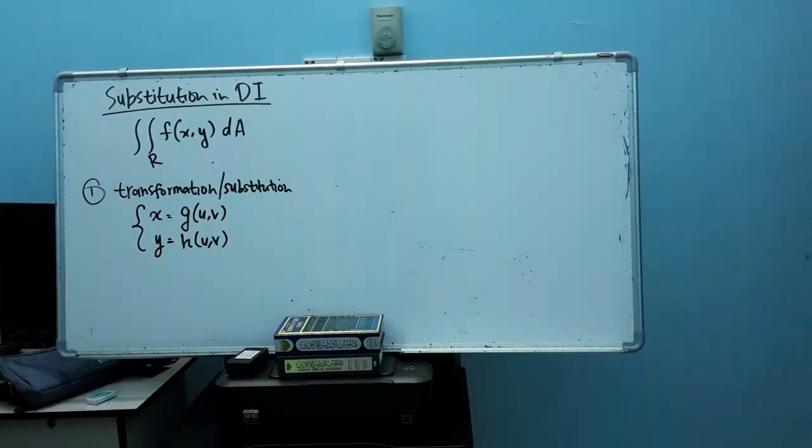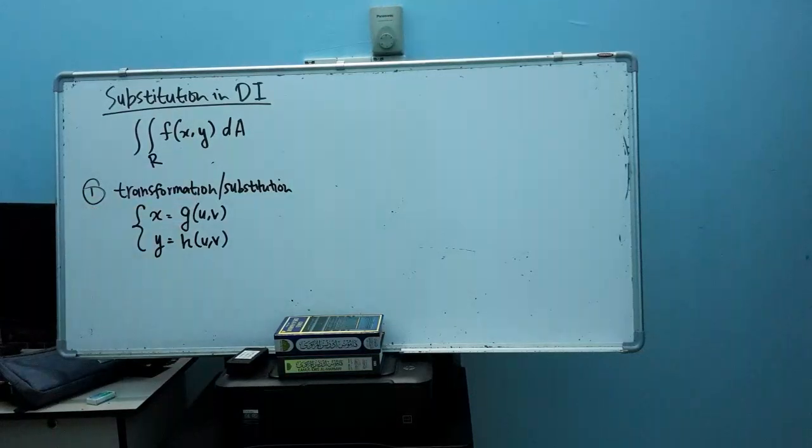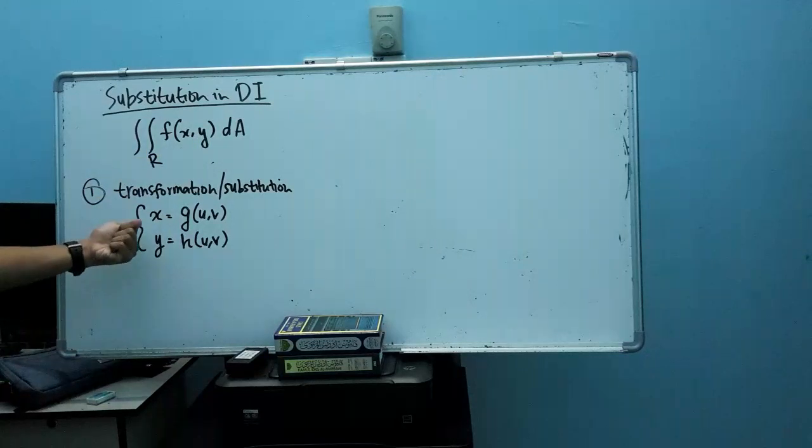Now the difference from single integration: in a single integral you only have one variable, so you just say this one variable equals another function that depends on one variable. Previously we discussed that x equals g(u). But in a double integral, since your function depends on two variables, you need to substitute both x and y.